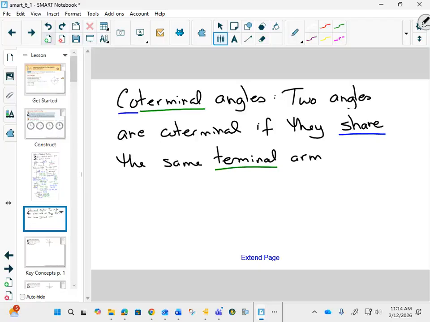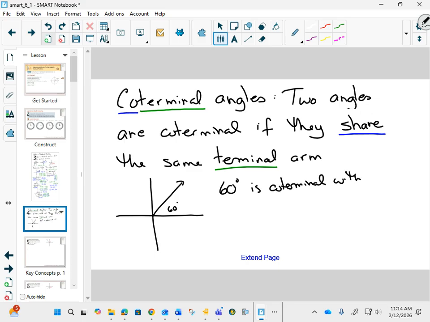So here are examples. If I pick 60 degrees, 60 degrees is coterminal with, I'll go backwards. Also in standard position, 60 degrees is this way, right? That's in standard position, 60 degrees. If I went backwards, can you see that negative 300 degrees ends in the exact same spot?